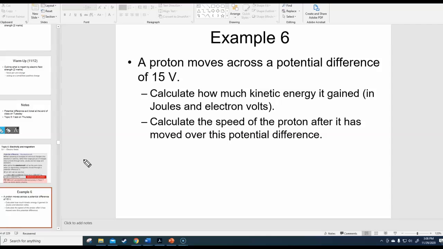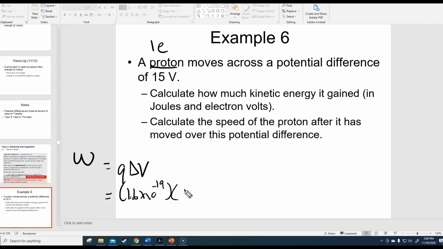Okay, so we know that the potential difference is defined as the work done per unit charge. And so the work done on the proton is just going to be Q times delta V. But if it's a proton, we know that the Q is 1e, that's 1.6 times 10 to the negative 19 coulomb, times the potential difference of 15 volts.